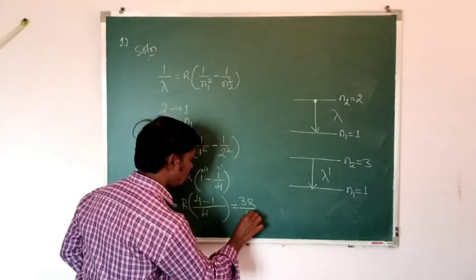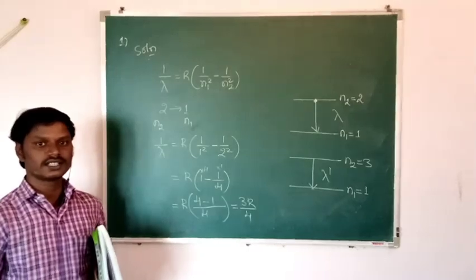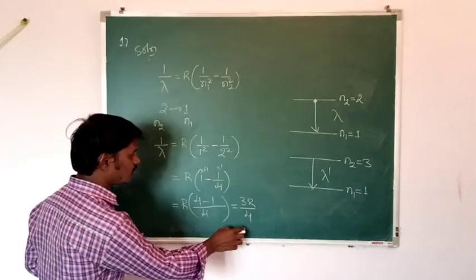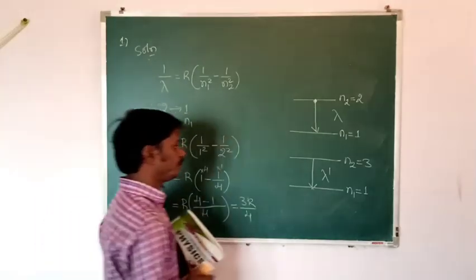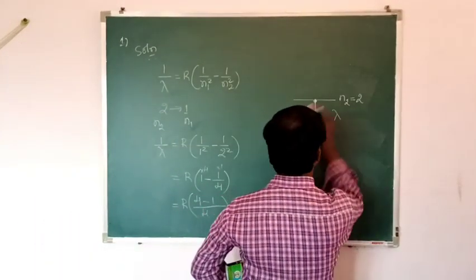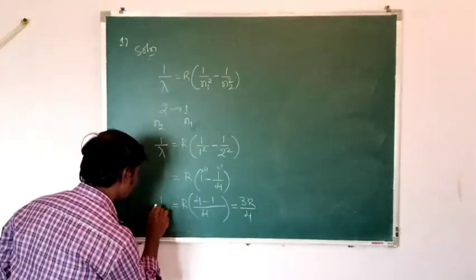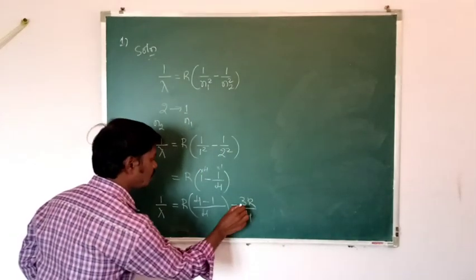By using this, we are going to find the Rydberg constant. I will take this 3 by 4 to the left hand side. So 1 by lambda is equal to 3 into R by 4.